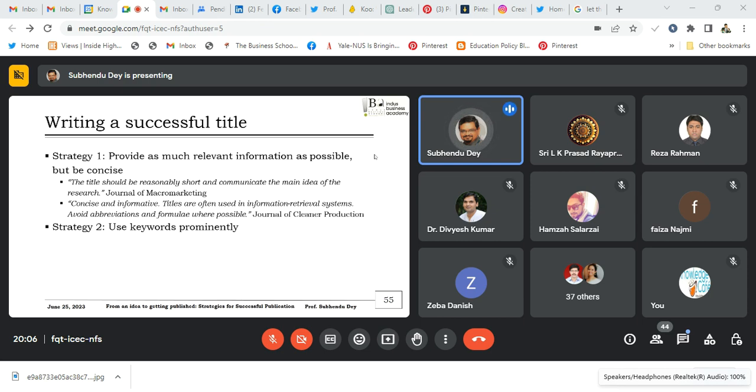What is the second strategy? Use keywords prominently. Now, I will dissect the title of my research paper and explain to you step by step each of these areas. So, use keywords prominently. Which words will capture the attention of the readers?